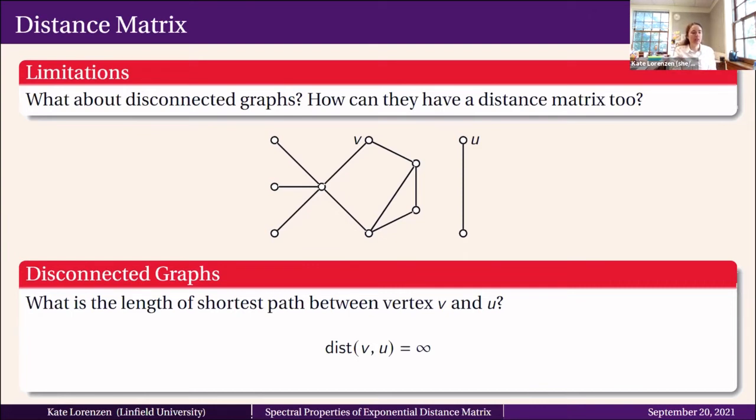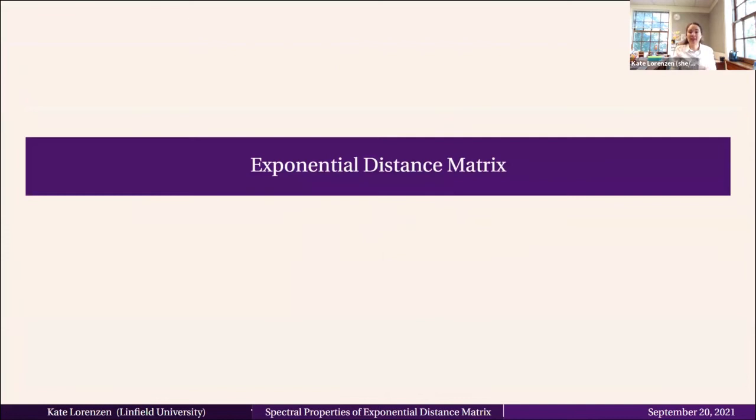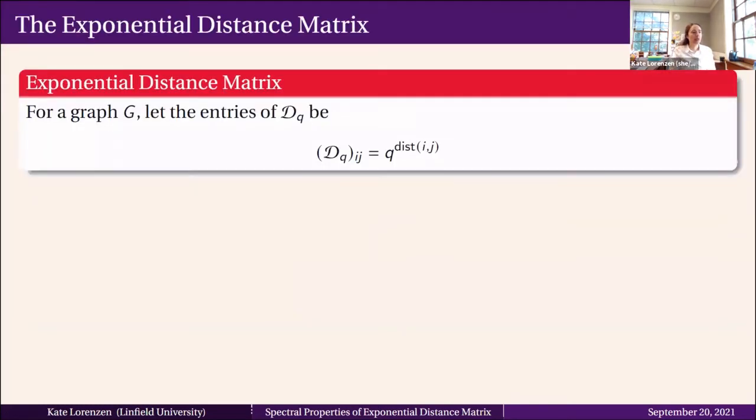All right, so one way we could solve this is with the exponential distance matrix. So the exponential distance matrix, or D_q, I'm now going to define my ij-th entry to be a variable q raised to the distance of vertex i and vertex j.